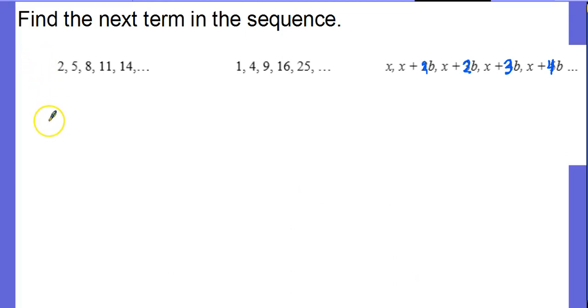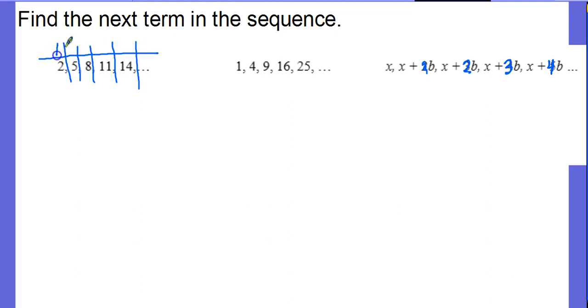Now, I'm going to model for you how I still attack these problems. I still will see a sequence, and when I'm asked to find the next number or the 11th number or whatever number I'm asked to find in the sequence, I will make the table.